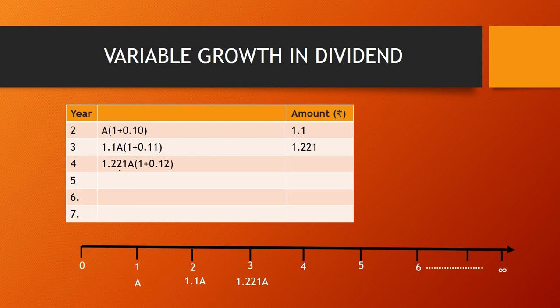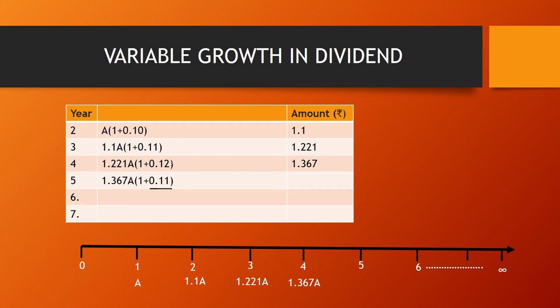Now let's say in our example, the growth is increasing. That means in the next year my growth rate is 12%. So whatever I got in the previous year, multiply by 1 plus 0.12. So my amount is 1.367. Similarly, in the fifth year, let's say my dividend growth rate is again 11%. You have to remember growth rate can be positive, growth rate can be negative.